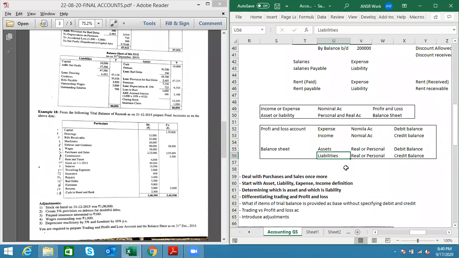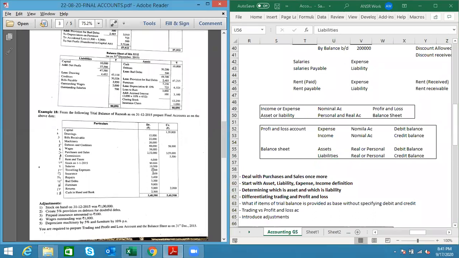However, because we have already finalized the trial balance, we are going to see how to make the proper treatment of those transactions, so that our profit and loss account and our balance sheet will reflect proper correct amounts, or show a true picture.